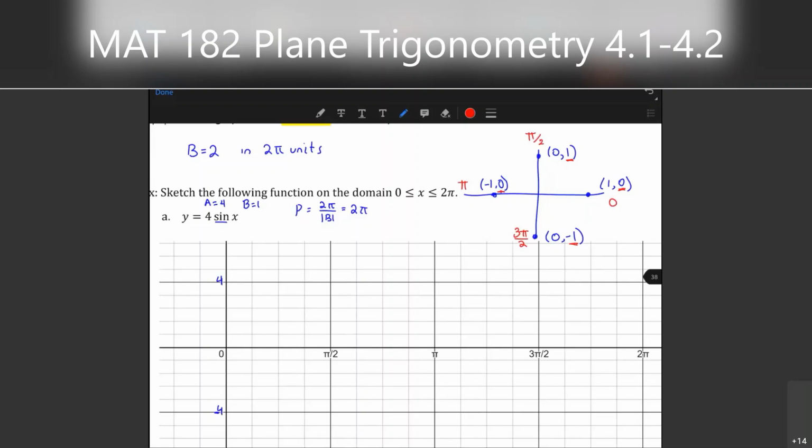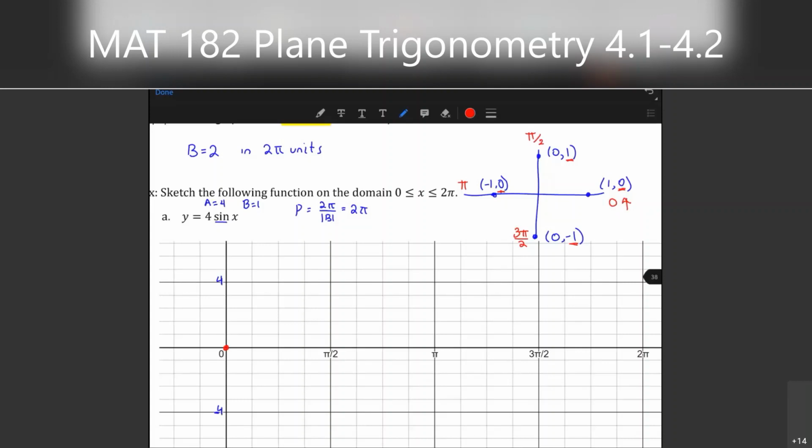This would tell me there's really 4 sections of this graph. If we have a starting point at 0, we're going to start at 0. Then the sine function is going to increase to 1, or what we'd call the upper amplitude. Instead of 1 here, that will actually go to 4.